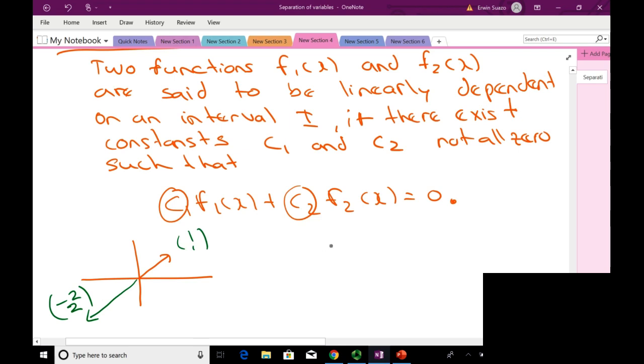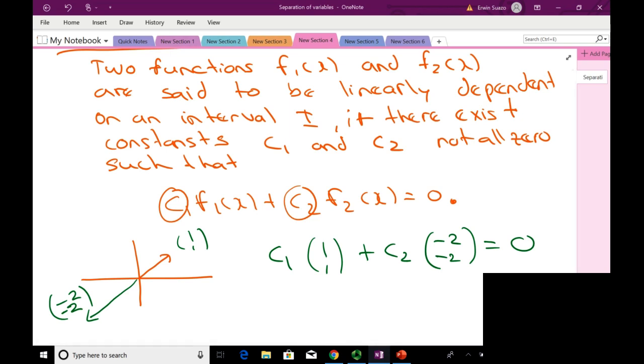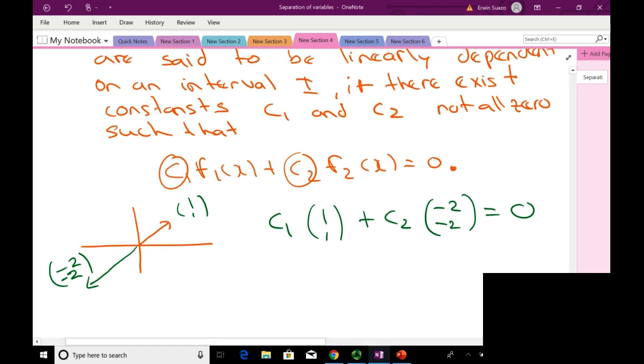Yes, because you have (1, 1), so you need to find two constants such that this sum, (1, 1) and (-2, -2), gives you 0. So you need to find two constants C1 and C2 such that that sum gives you 0. What will be possible two constants for that?